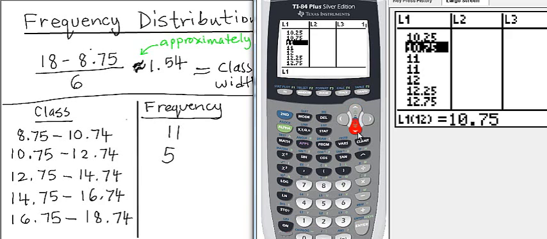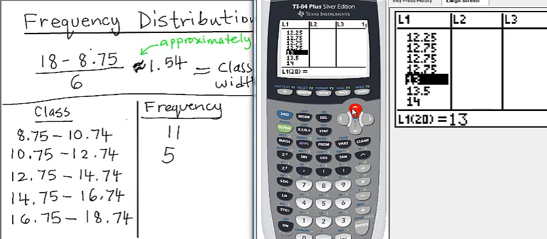Let me just scroll down a little bit so I can see my list here. So 12.75 is up here. So I have 1, 2, 3, 4, 5, 6, oops, just 6.